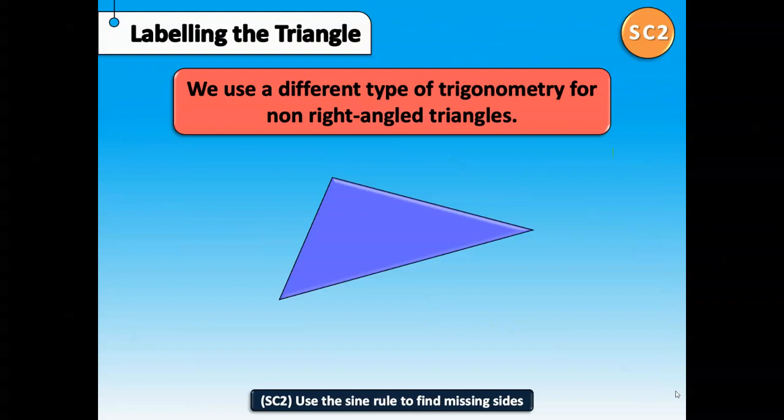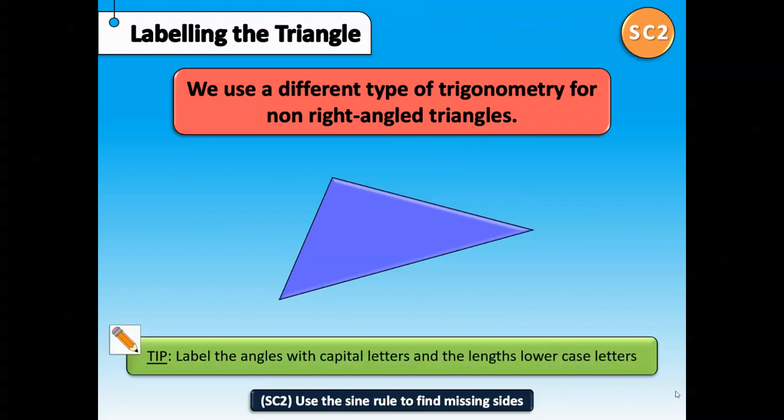So we use a different type of trigonometry for non-right angled triangles. So we label the angles with capital letters and the lengths with lowercase letters. Now it doesn't matter which side is which.